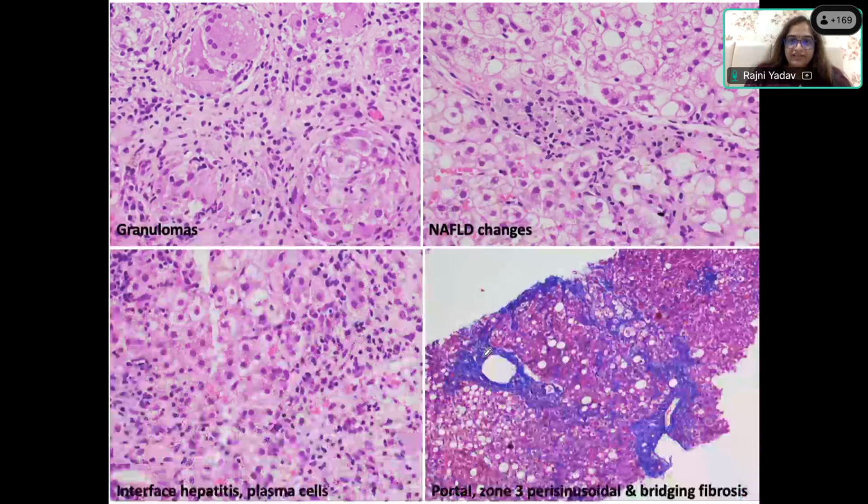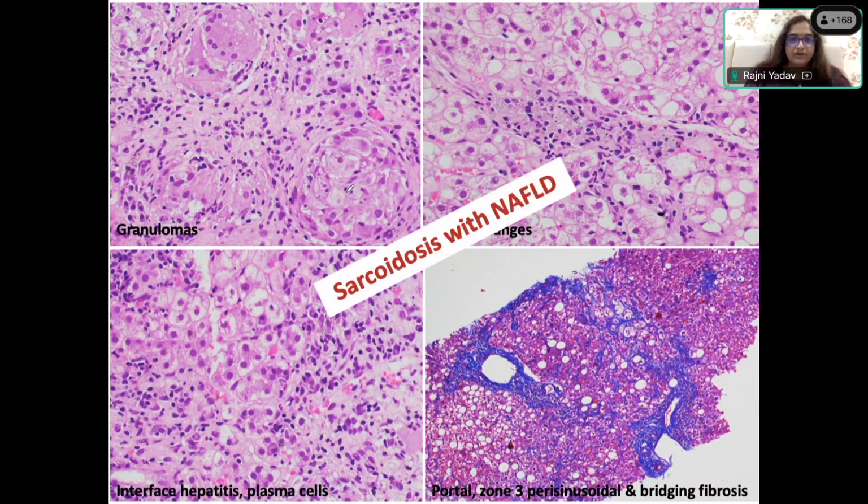You have some NAFLD-like changes, then ceroid-laden macrophages, the granulomas here, a lot of interface activity and plasma cells. So basically you have a hepatitic pattern with granulomas and some NAFLD-like changes also. If we look at the fibrosis, you have portal fibrosis, you also have perisinusoidal fibrosis, and it is bridging. So this is a case of sarcoidosis with coexisting non-alcoholic fatty liver disease.